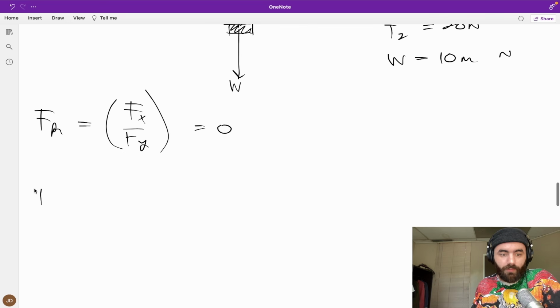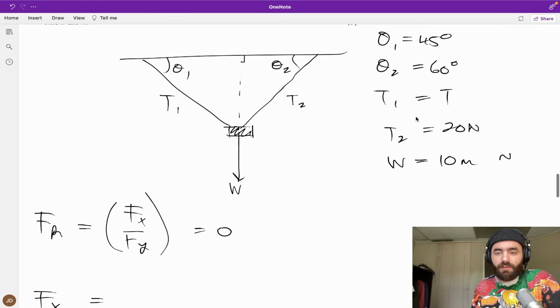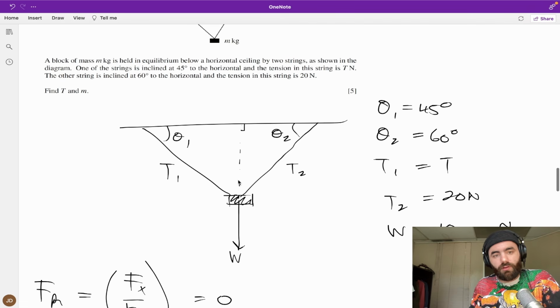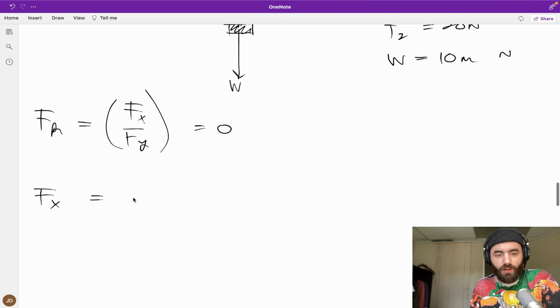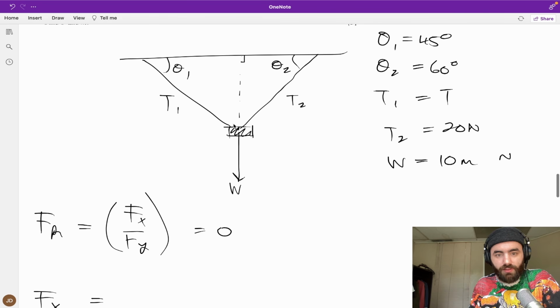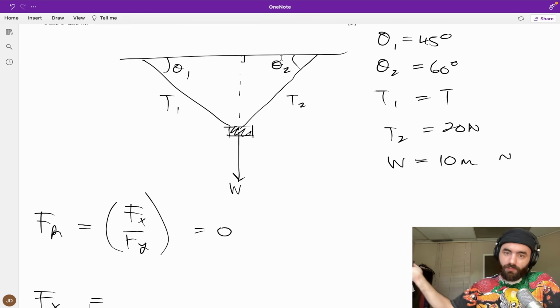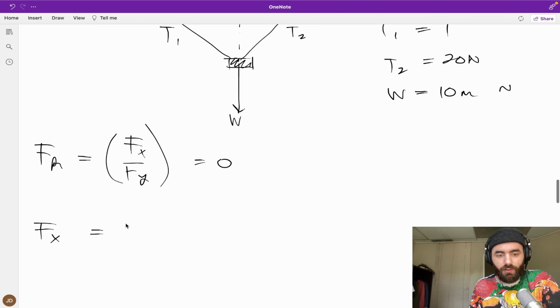So F of x will equal the X component of T1 and the X component of T2. That's it, right? There are no other X components because W acts straight down. We say that the right is positive, so this will be T2.